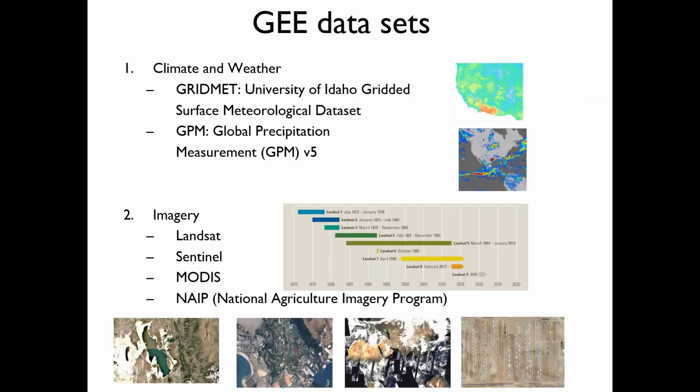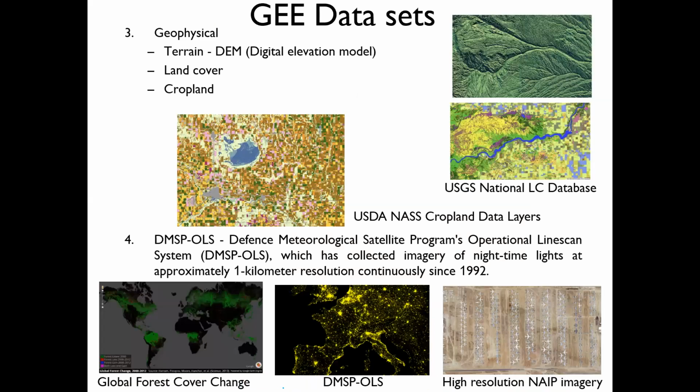They have climate and weather data in the form of GridMET, GPM, global precipitation measurement, wall-to-wall imagery from Landsat, Sentinel, MODIS, and NAIP. They have geophysical data on terrain, land cover, cropland, and then they have data that have been used for global forest cover change, and not only forest cover change, but numerous other changes.